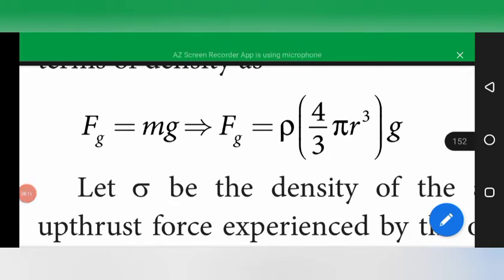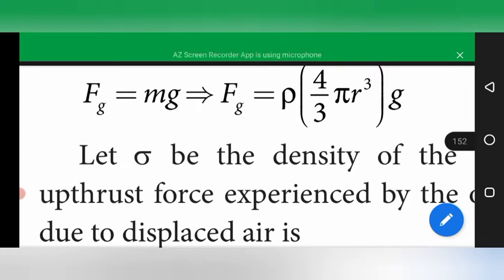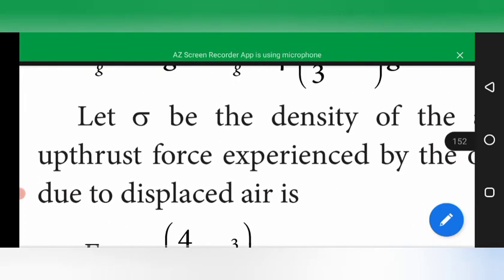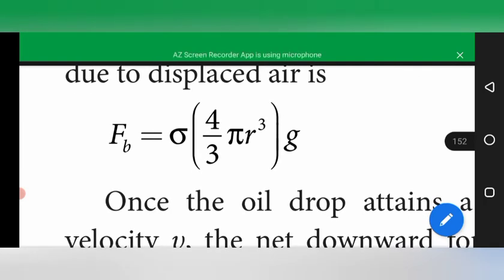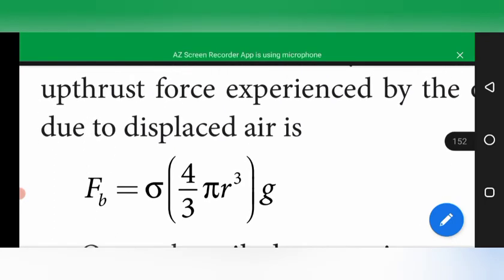Now substitute the value of m in Fg. So mg is equal to rho 4 by 3 pi r cube into g. Also the upward thrust is of equal form, and we have to change only the density, that is, the density of the air. So here Fb is equal to sigma 4 by 3 pi r cube into g, that is the upward thrust force value.